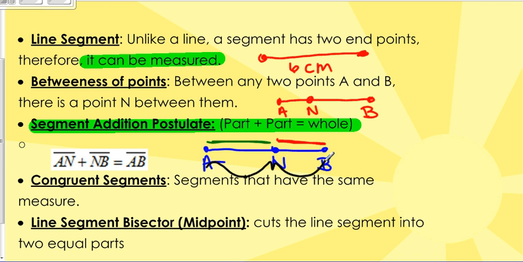Now, congruent segments are going to be segments that have the same measure, which means we would set them equal to each other. Now, one way you might see this represented is a line with a hash mark in the middle. That is signifying that they are congruent. It might be 1, it could be 2, like that, or it could be 3.